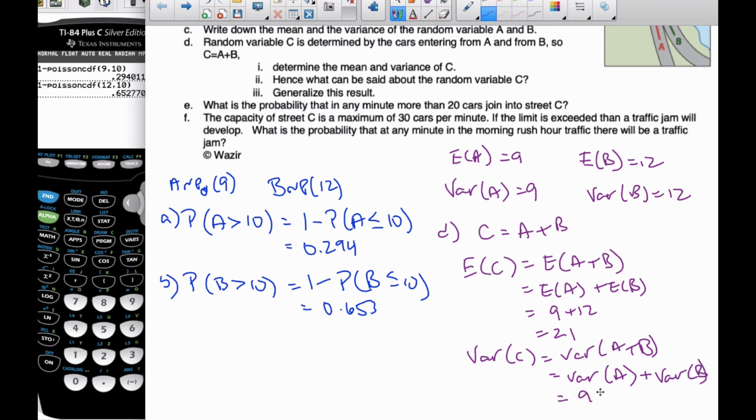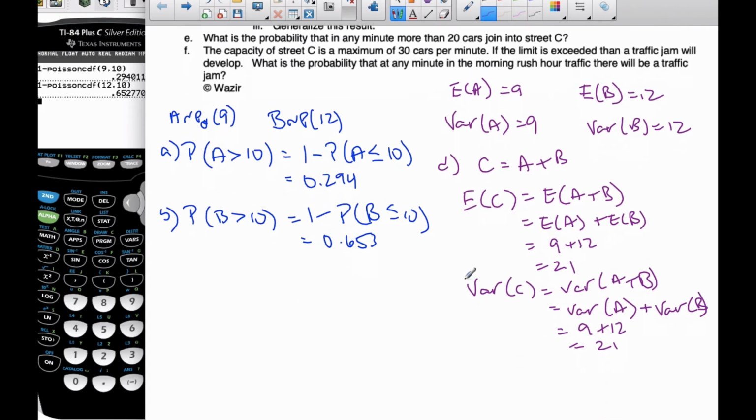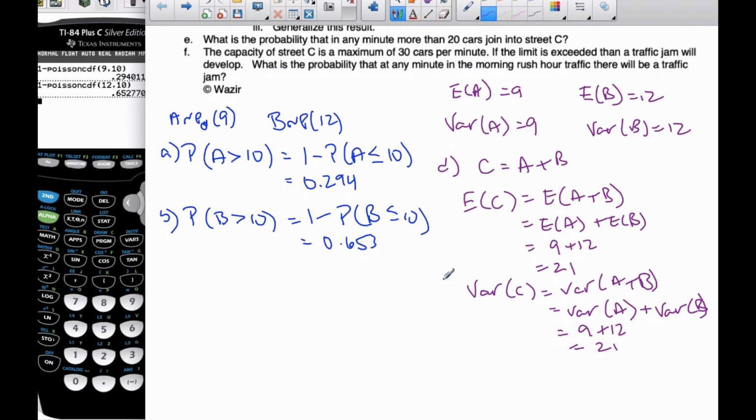Since these are 9 and 12 as well, my variance is also 21. And so what can I say about C? C now is a Poisson random variable because the variance and the expectation are both the same.